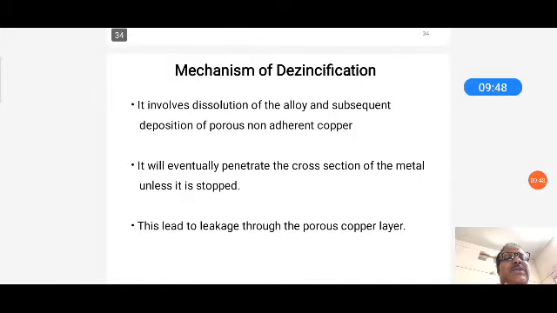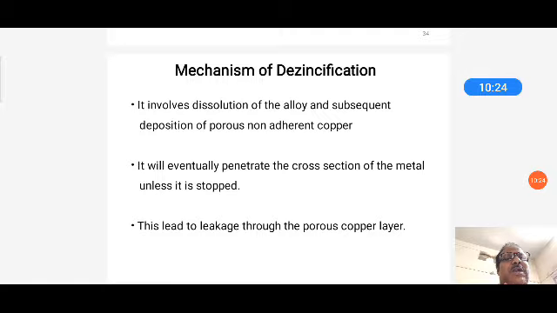Pitting corrosion involves dissolution of the alloy and subsequent deposition of porous, non-adherent copper. These deposits of porous, non-adherent copper form on the surface and eventually penetrate the cross section of the metal unless it is stopped.